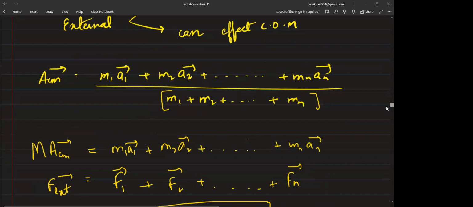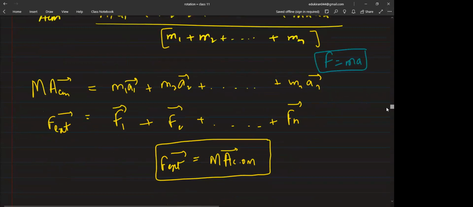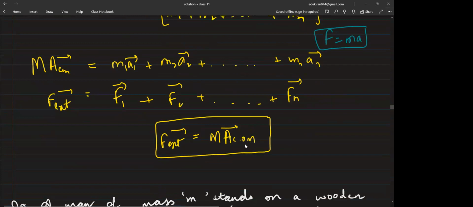So acceleration of center of mass is present. Now you use Newton's second law, F is equal to ma. So what will be the formula of force on the center of mass? M into acceleration of center of mass. So you calculate the acceleration of the center of mass and you calculate the total mass of the system.